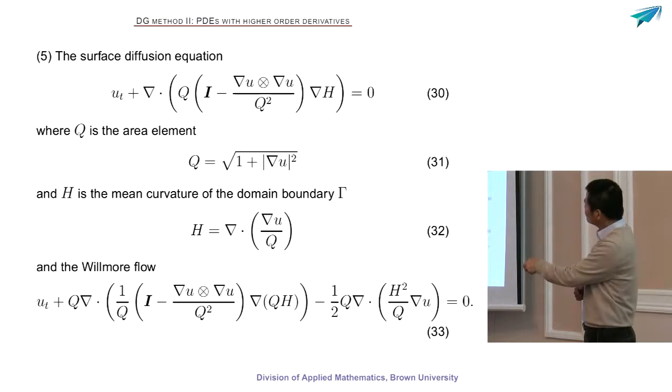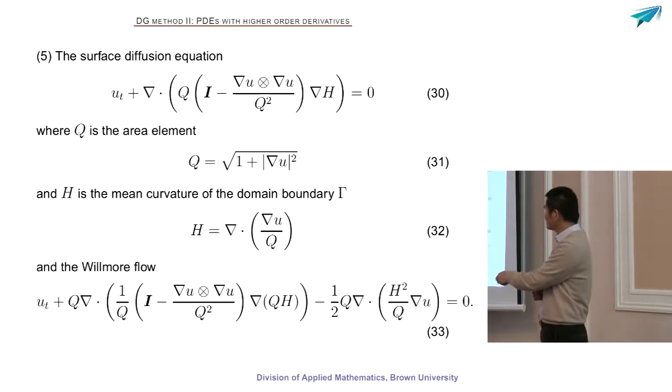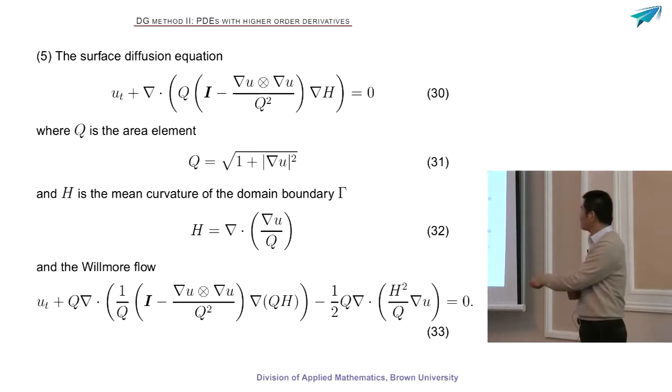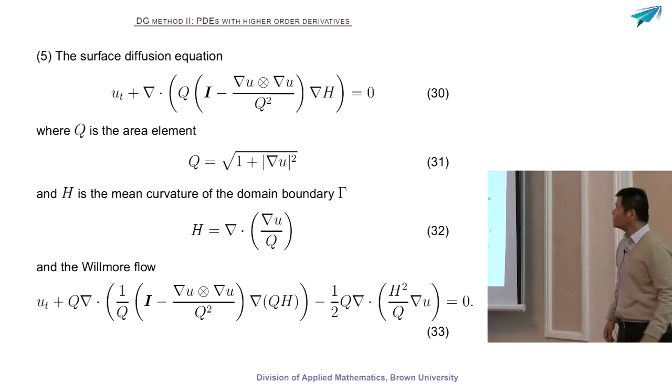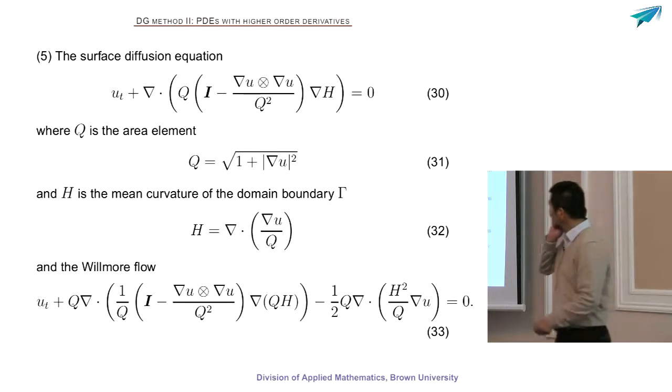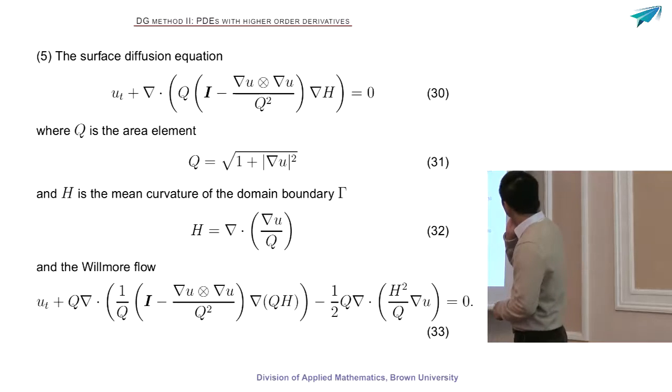Here, this capital H is mean curvature, which looks like that. Because of this Q, it becomes a complicated PDE, which is again high order, because the leading term here is again, I think, fourth order. Not 6, because there are some nonlinearities.